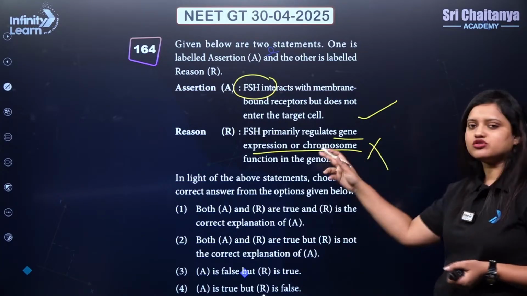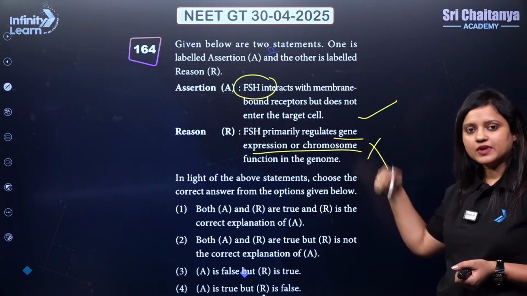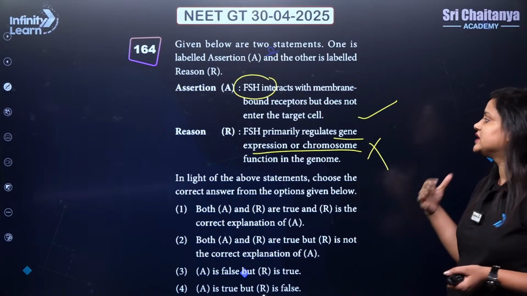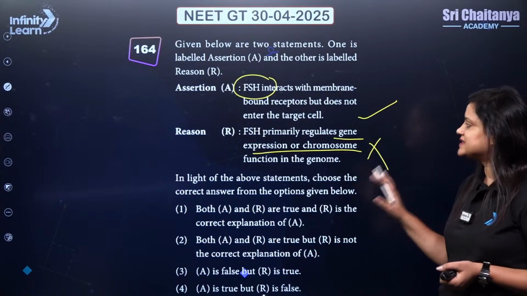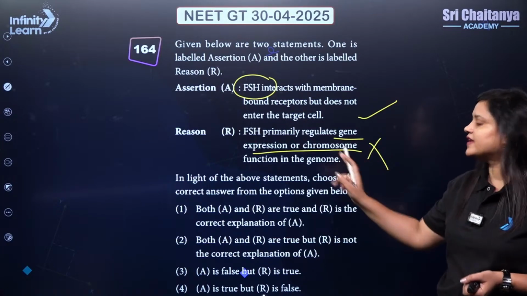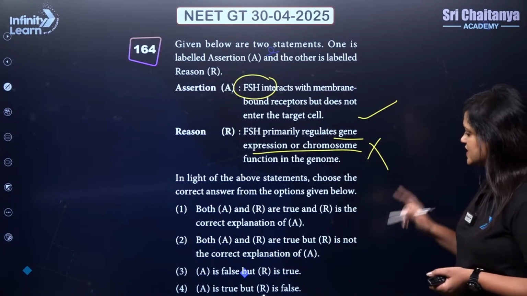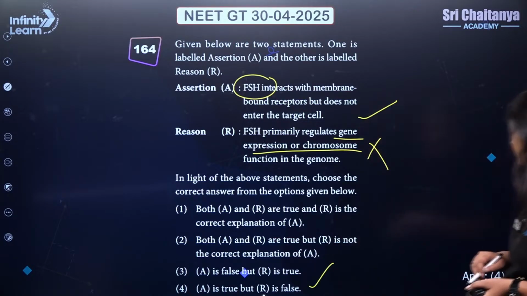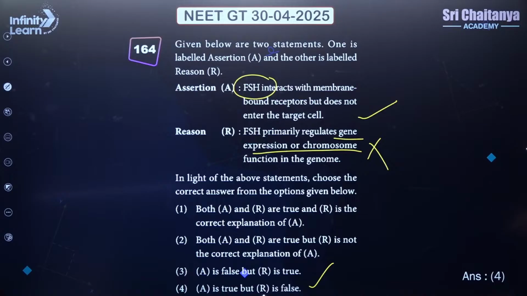No, this is wrong. Because FSH is not able to enter the cell, it will bind to the membrane receptor and it will form secondary messenger. It will not help in regulation of the gene expression. So assertion is true but reason is false. So answer should be 4. Okay, answer should be 4.